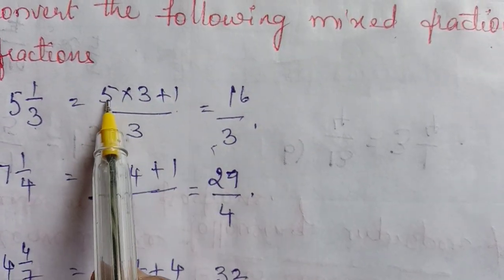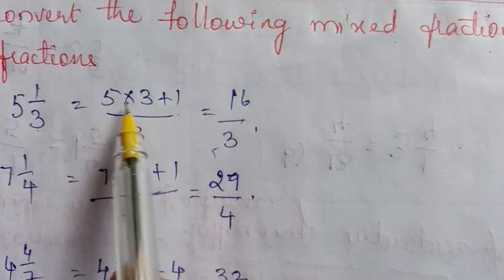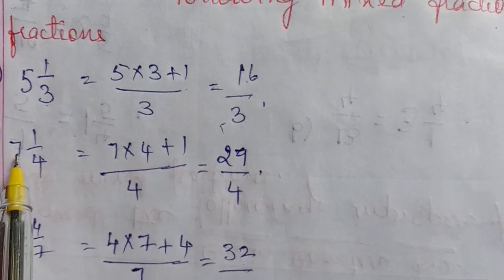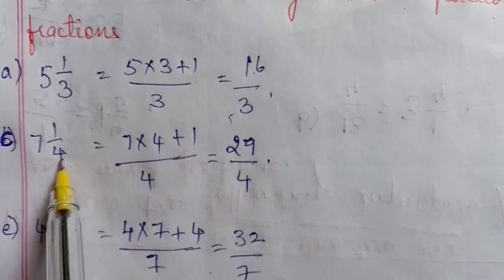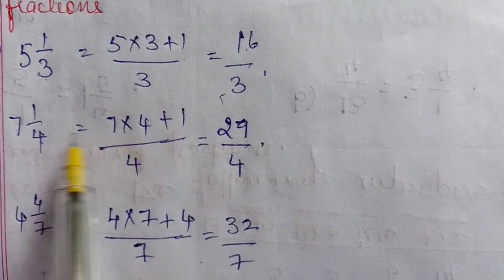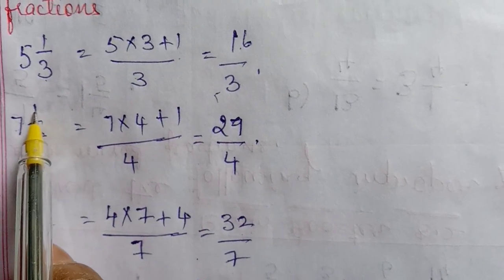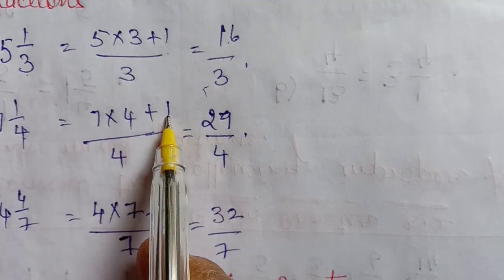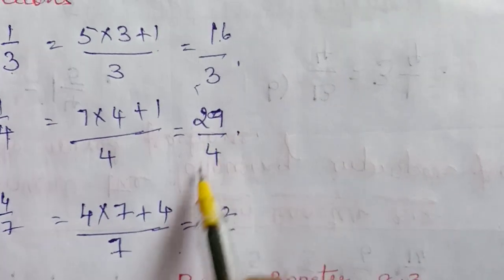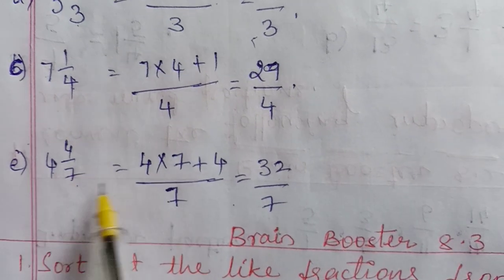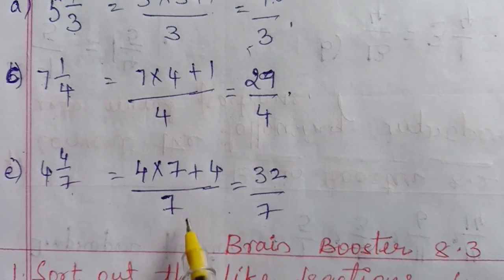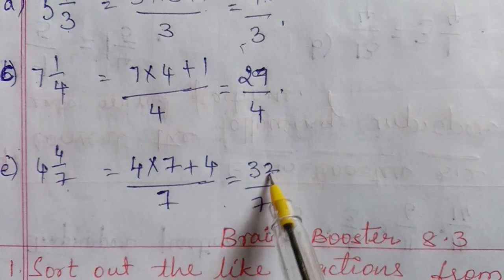So 5 threes are 15 plus 1 is 16 by 3. 7 1 by 4, that is 7 into 4 plus 1. 7 fours are 28 plus 1, 29. 29 by 4. Now 4 4 by 7. 4 into 7 plus 4 by 7. 32 by 7.